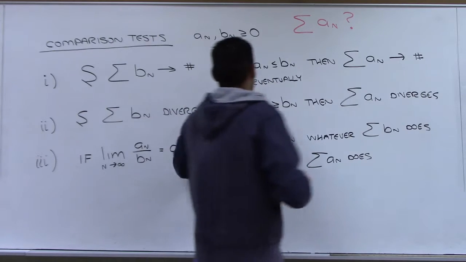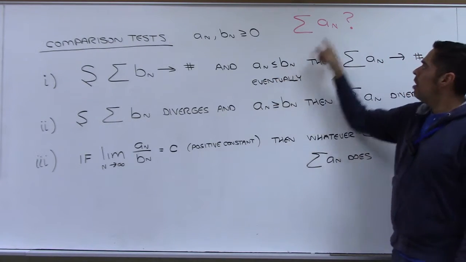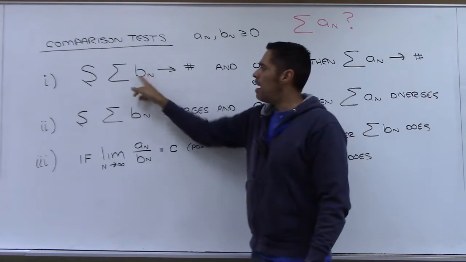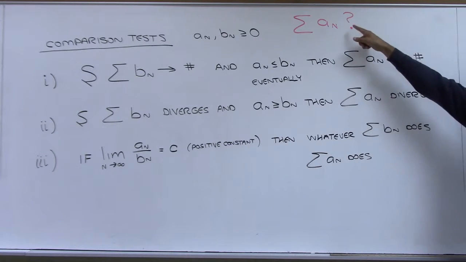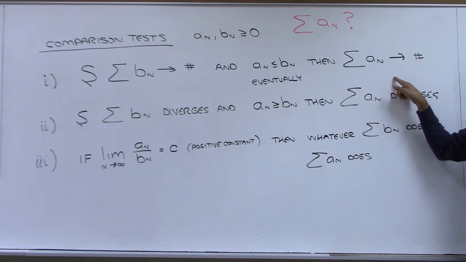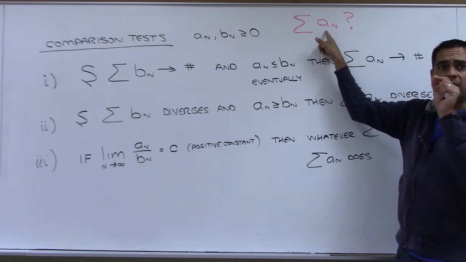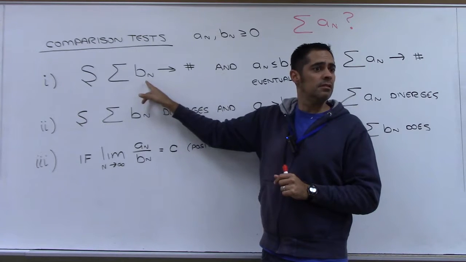Then if you can show that this inequality is true, that all of these guys are smaller than all of these guys, then your series in question must converge also. So notice the inequality is that you have to show that the pieces of your series are smaller than the pieces of this series, yes?